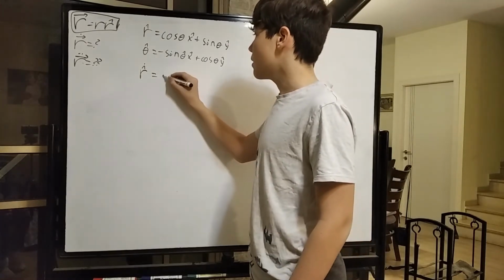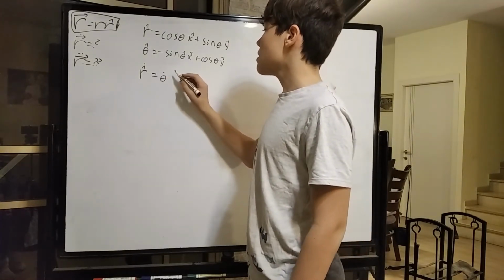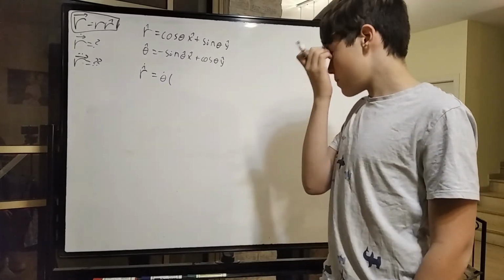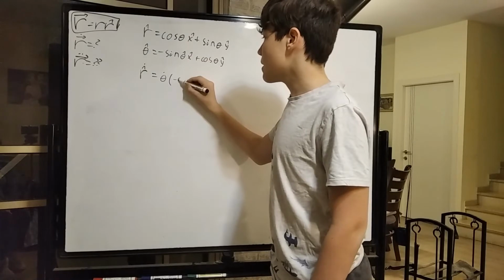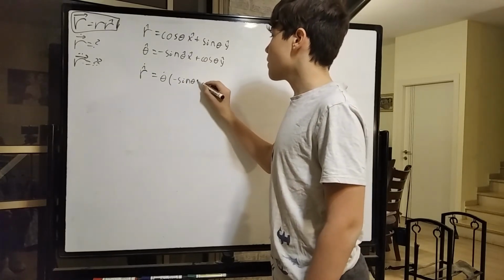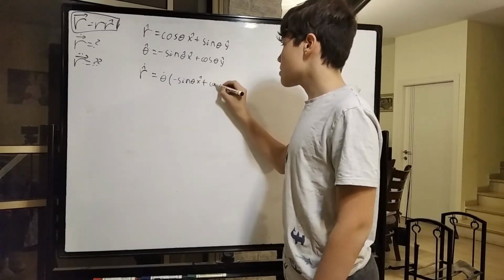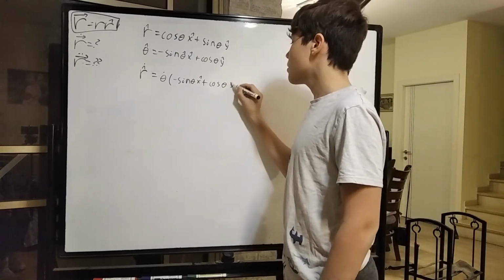So this is going to be theta dot times negative sine theta x hat, and the derivative of sine is cosine, so plus cosine theta y hat.